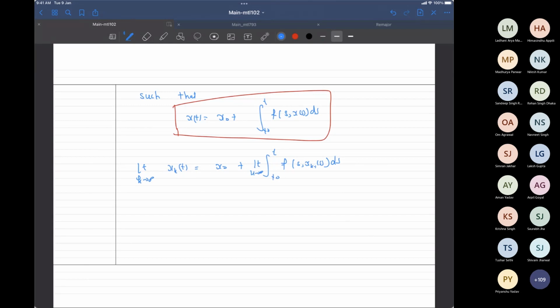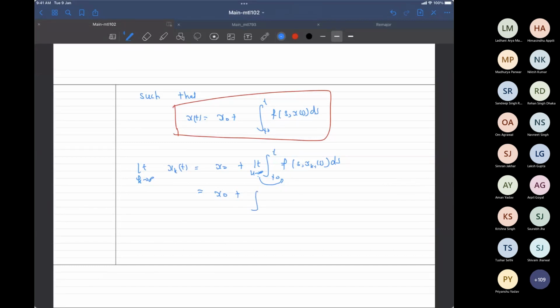This is equal to x naught plus, if I can take this limit inside, then it's fine, because f is a continuous function, and x_{k-1} converges to x(t), so life is easy.